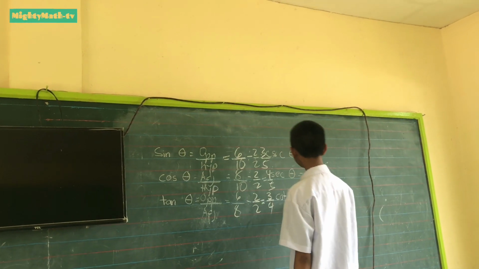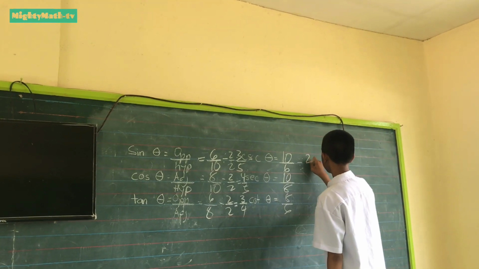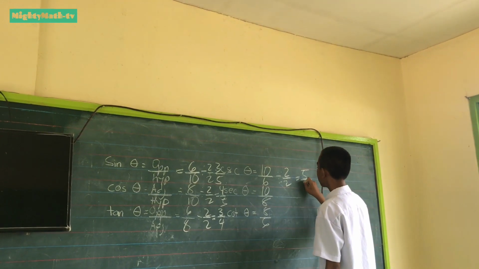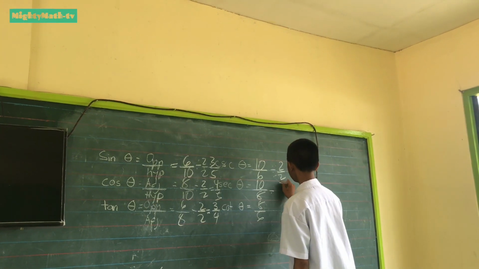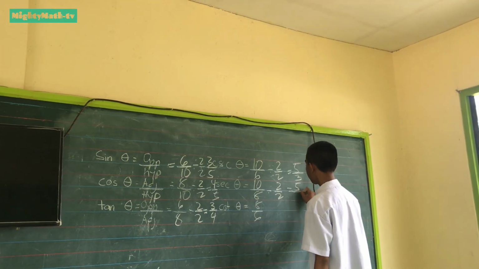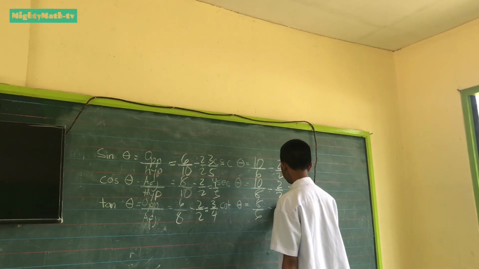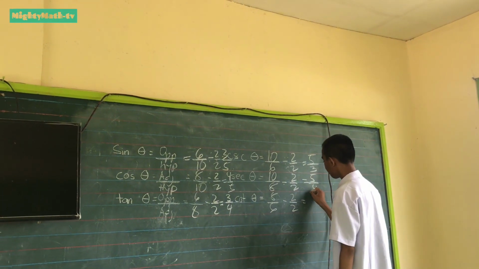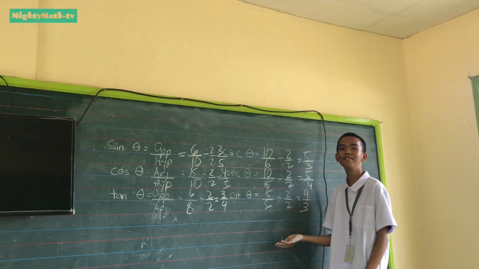Same for cosecant, we can divide them by 2. It's 5 over 3. Same for the secant, we can divide them by 2. 5 over 4. Same for cotangent, we can divide it by 2. It's 4 over 3. And now you know.